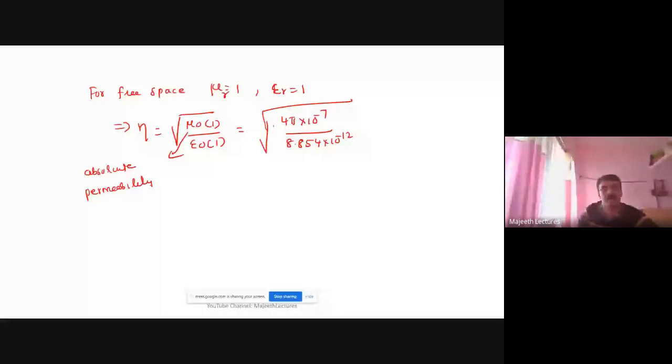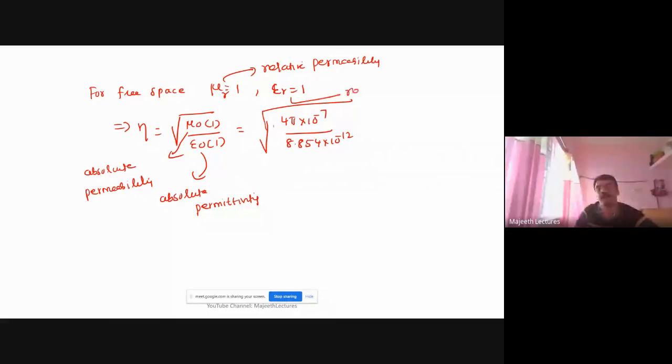Epsilon naught is absolute permittivity. Mu r is relative permeability. R means relative. Epsilon r is relative permittivity.